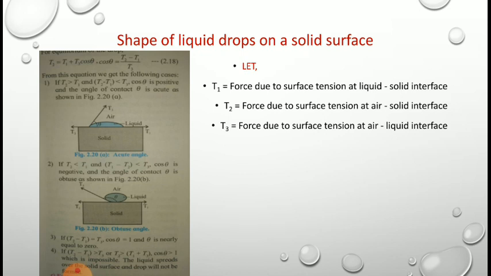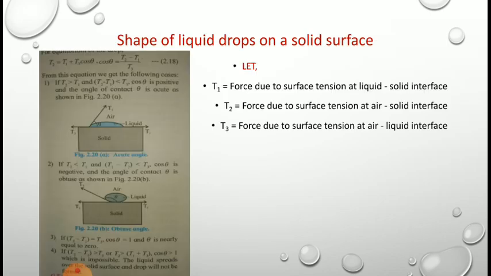For equilibrium of the drop, we have to consider that T2 is equal to T1 plus T3 cos theta, and hence cos theta is equal to T2 minus T1 divided by T3, which is represented by equation 2.18 in your textbook.